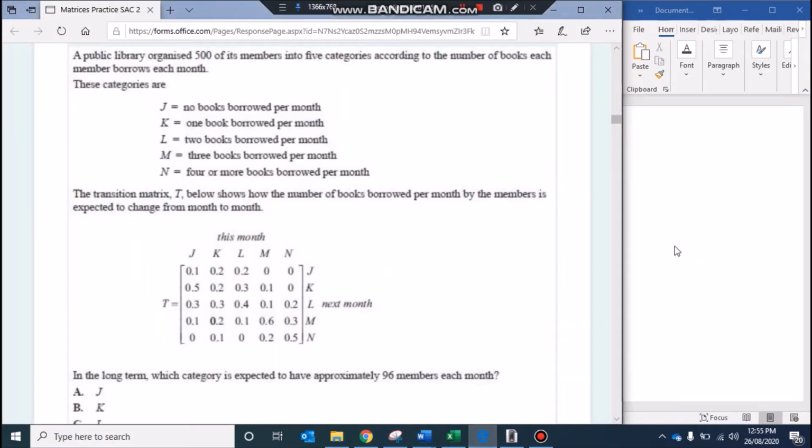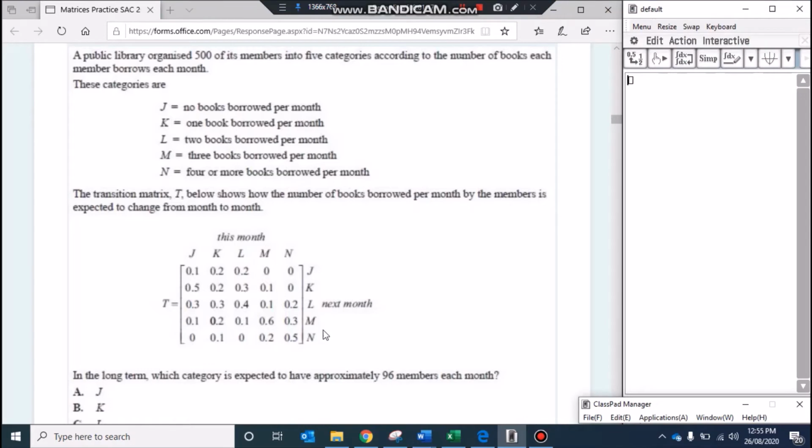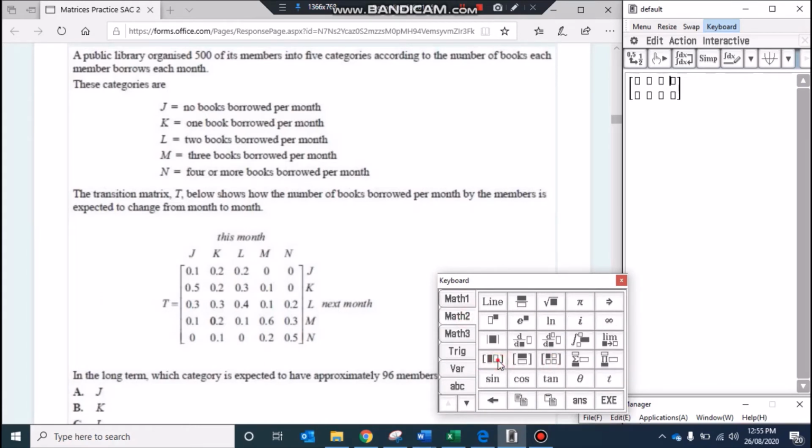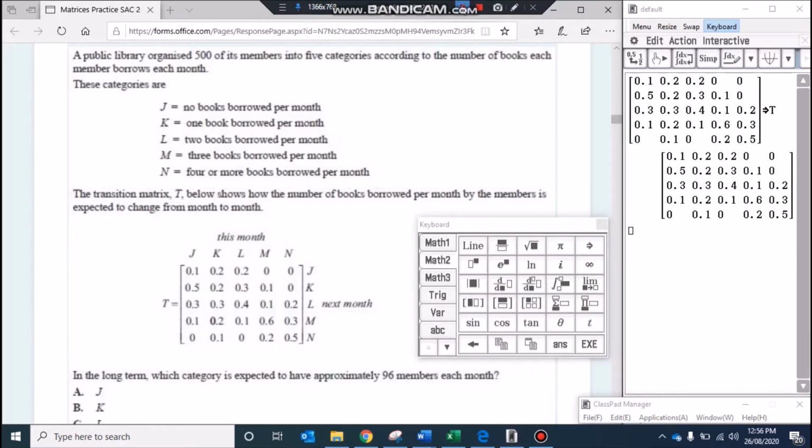So obviously the first step here is we need to get this matrix into our calculator. All right, we've got that in our calculator. Now, the next thing we need is the initial state matrix, which is going to be a column matrix with 5 rows, because we've got a 5 by 5 transition matrix.